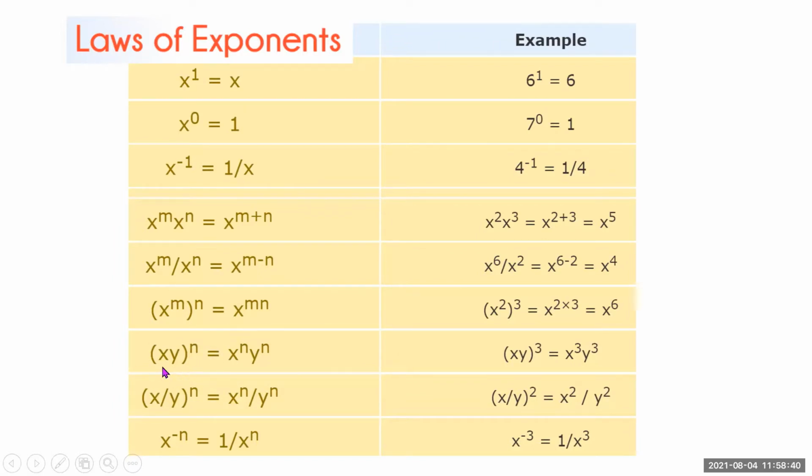Then this is the distribution: if there is an exponent for a base with more variables, then you distribute the exponent to each and every one of the base elements. So (xy)^n gives you x^n times y^n. This is the quotient one: if (x/y) is raised to the power n, you get x^n divided by y^n. So these are the examples for each one of the laws.